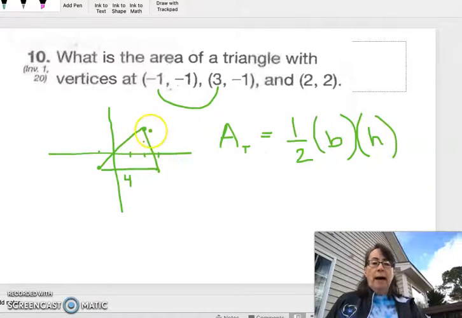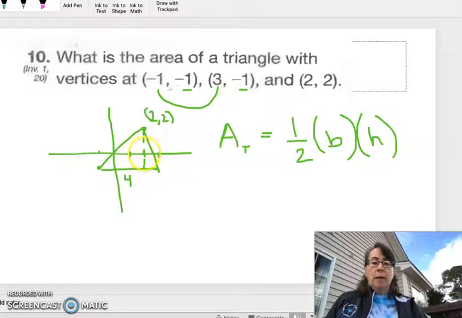So how high is this triangle? So remember, this point here is 2, 2. Okay, so it is 2 steps above, but then this baseline is 1 step below because that was -1 and -1.